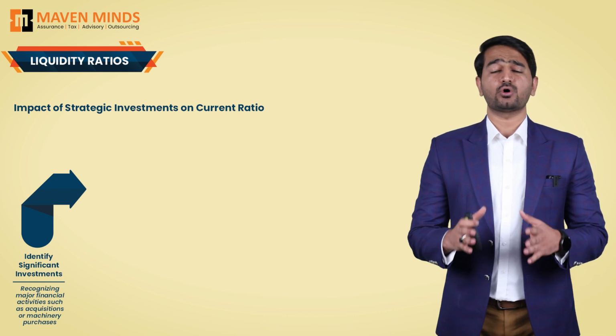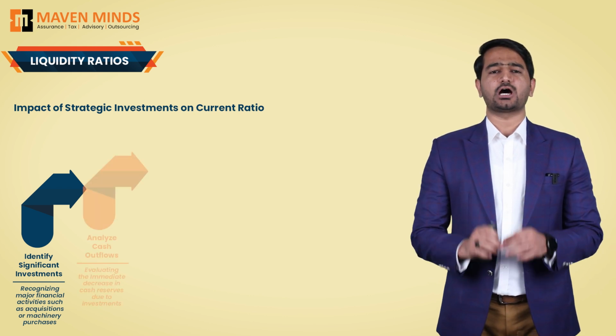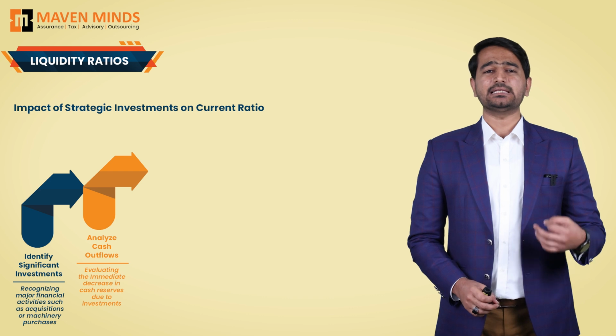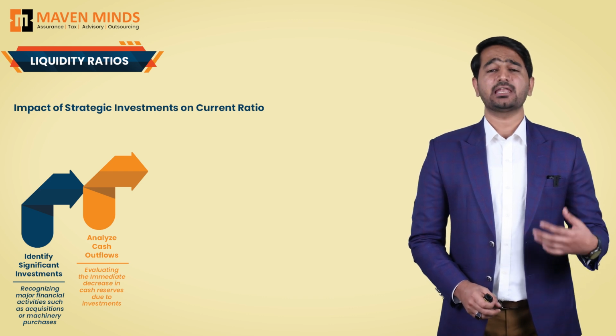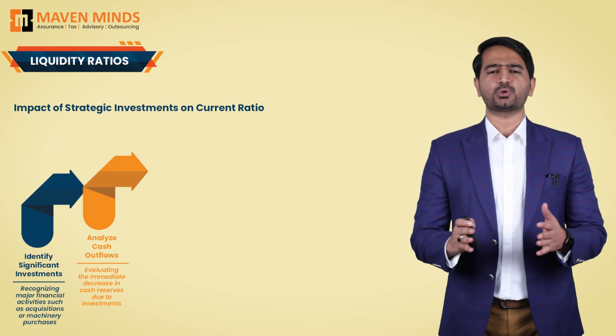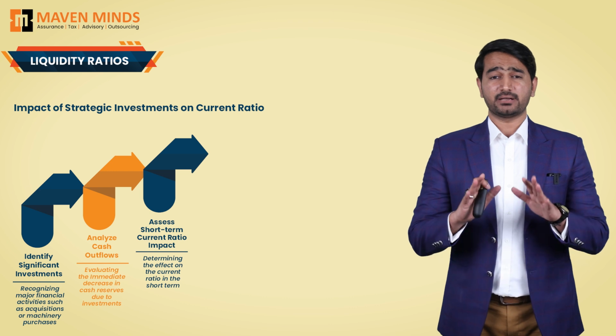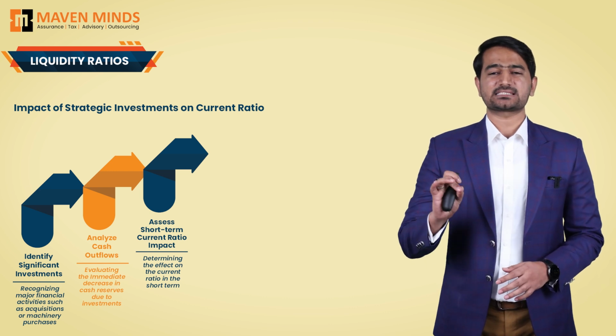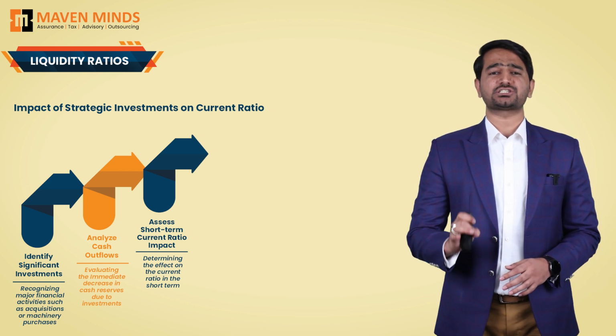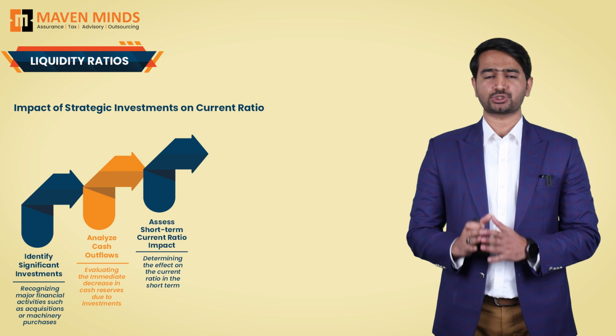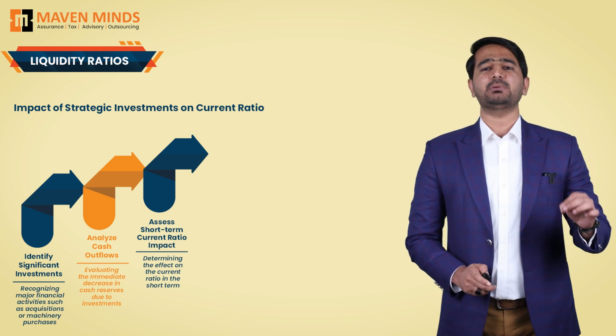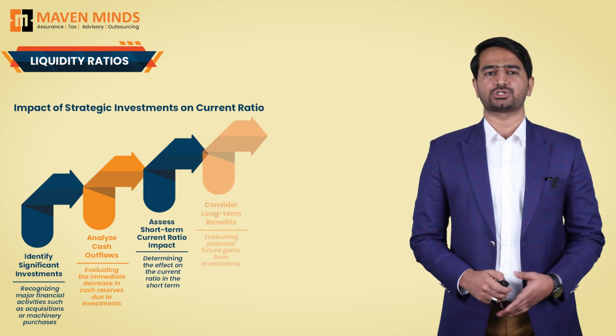Such transactions often involve large cash outflow, which would directly decrease cash balance and adversely affect the current ratio in the short term. But remember, these strategic decisions could potentially damage the current ratio in the short term, but it might be beneficial for the company's future.